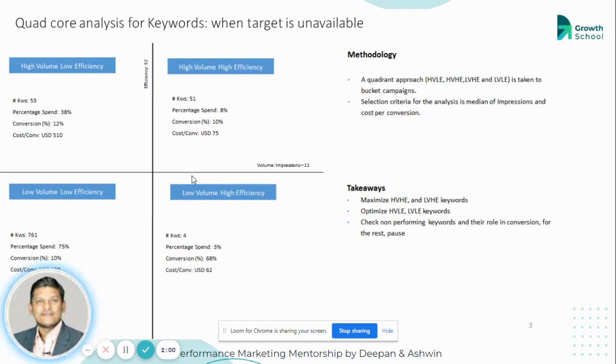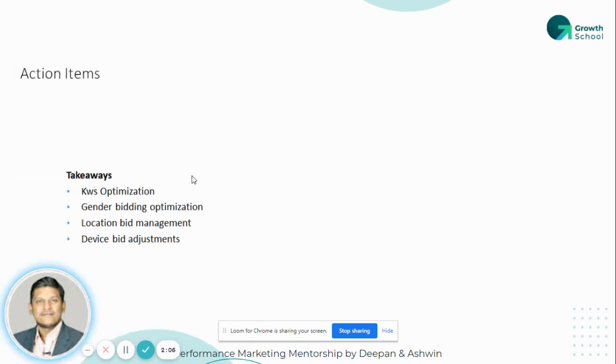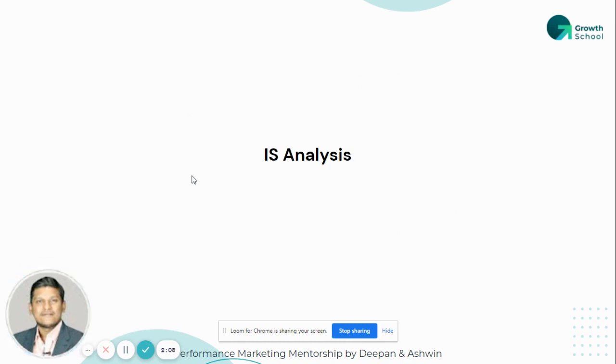Now here is another problem. In order to solve that problem, we will go through certain concepts. A few of the concepts are already explained by Deepan. The two famous analyses that we are going to do are impression share analysis and quality score analysis.